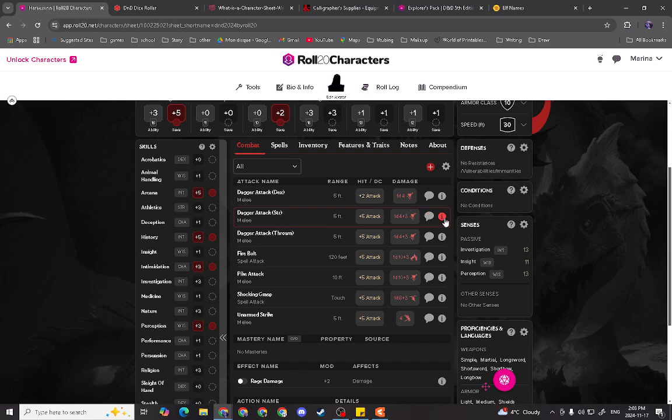D20. 9. 9? Okay, that does not hit. You go with your dagger and you miss it. You just kind of graze it. The other skeleton, the one that doesn't look too hot, is going to try to shoot at you with its bow. Oh, okay. That's a 9, so that does not hit you. He barely misses you. Okay.